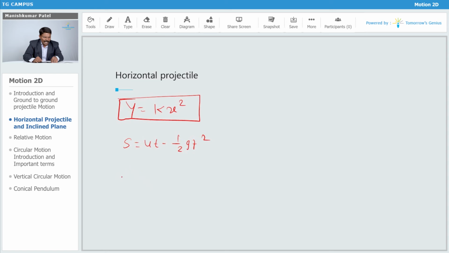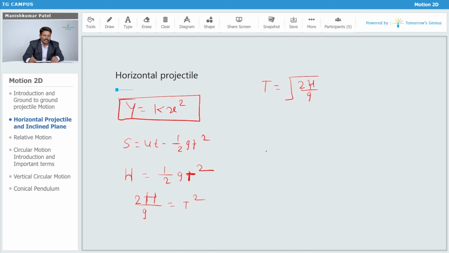What is the total height? Let's say it is h, which is nothing but half g t square. Let's say the total time is capital T, so this gives 2h upon g, which is equal to T square. So T is equal to the square root of 2h upon g.